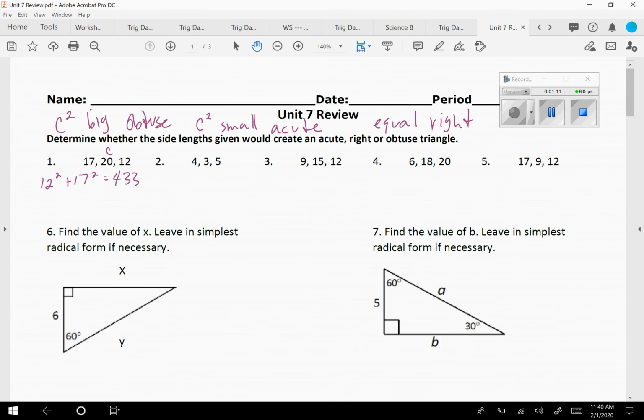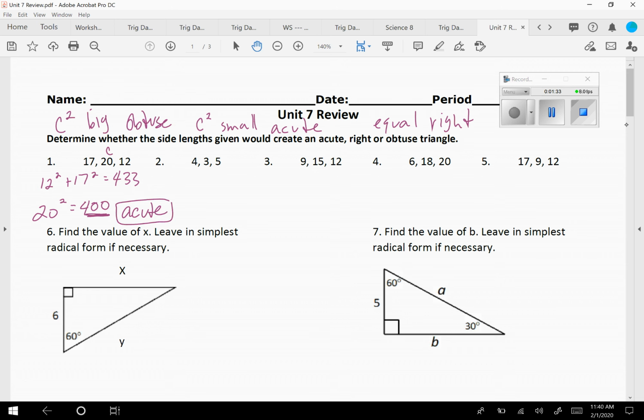Okay, then we have to do 20 squared, which again, if you calculate that, you get 400. So we look at our c squared. 400 is smaller, so this is an acute. This is an acute triangle.